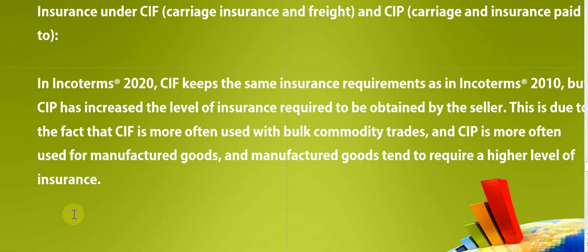CIP is more often used for manufactured goods, not bulk, and manufactured goods tend to require a higher level of insurance. CIF is mostly used for not containers.